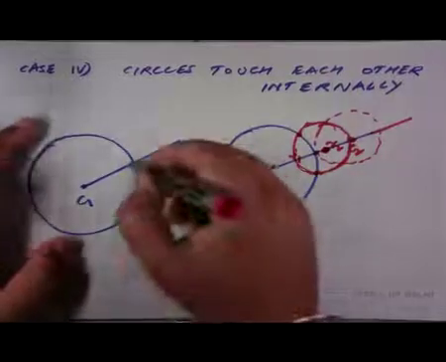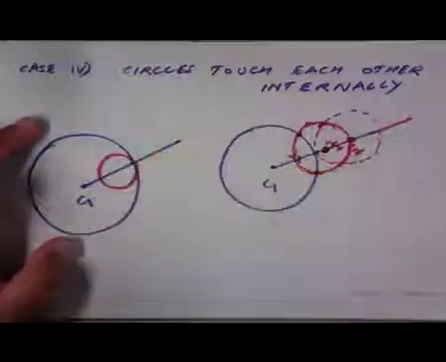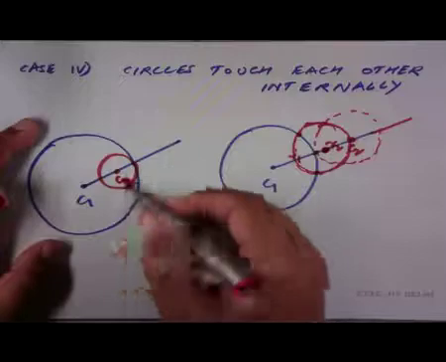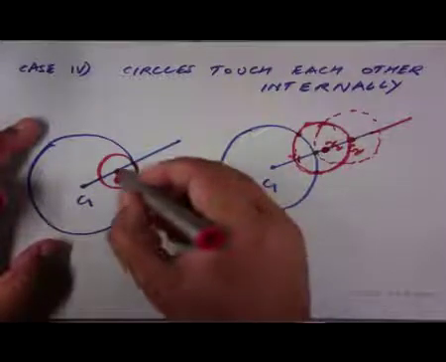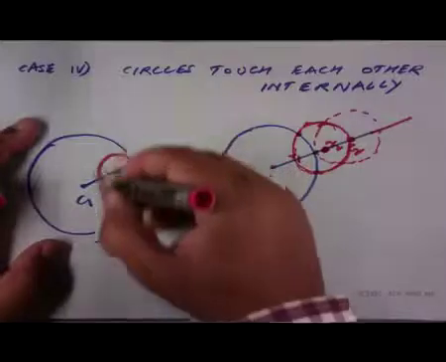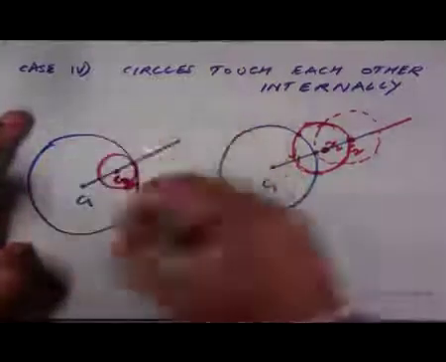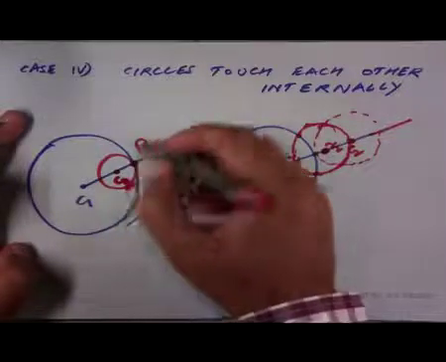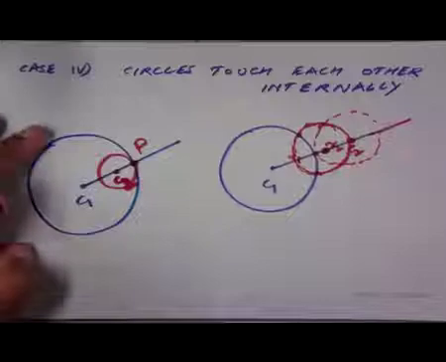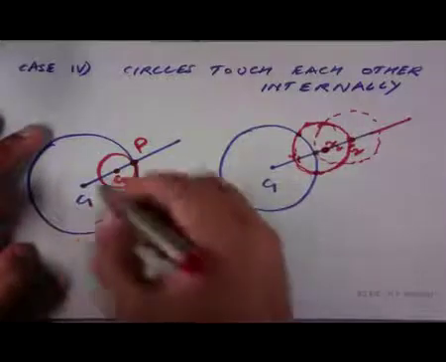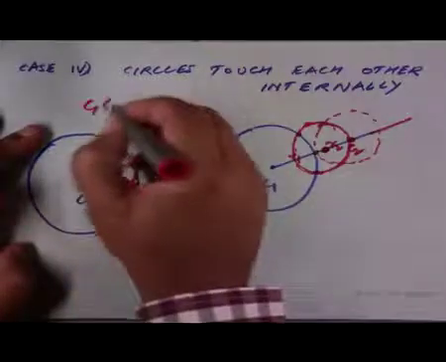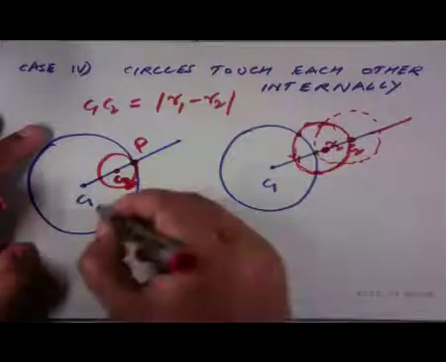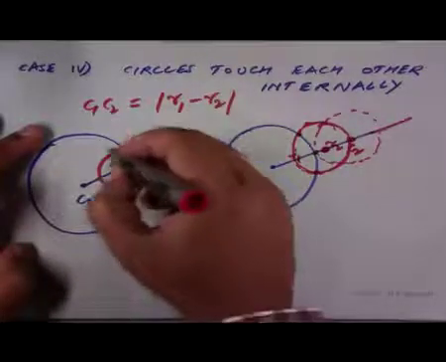What we mean by that is the second circle has center C2 in such a way that this red smaller circle and the bigger blue circle touch exactly at this point. So, this point is P, and of course, this will happen only when C1C2 is equal to the absolute difference between R1 and R2, because this is R1 and this is R2.